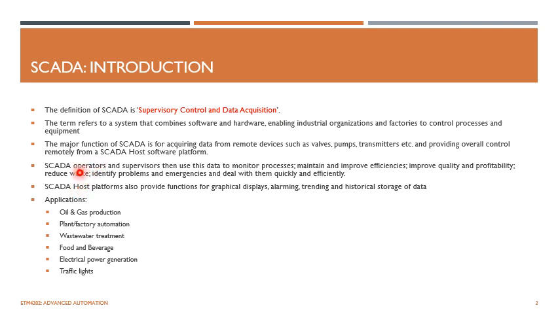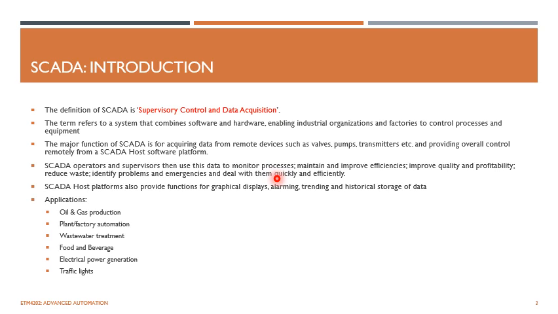There are different teams of people operating this SCADA system, the plant operators and supervisors, sitting in a central control room, so they can observe all the parameters coming to the SCADA software interface.